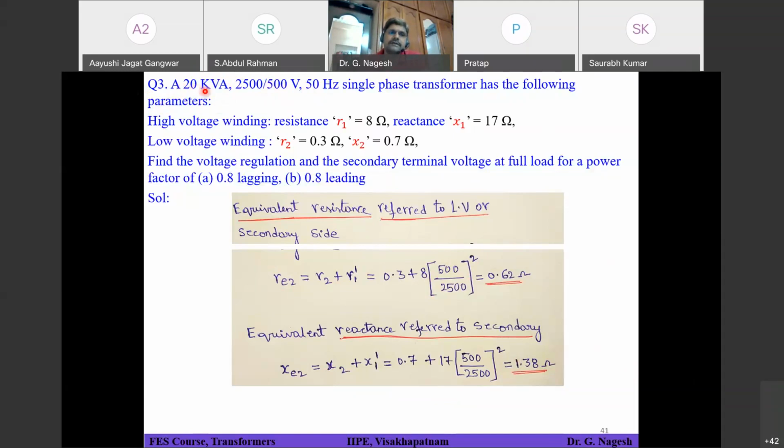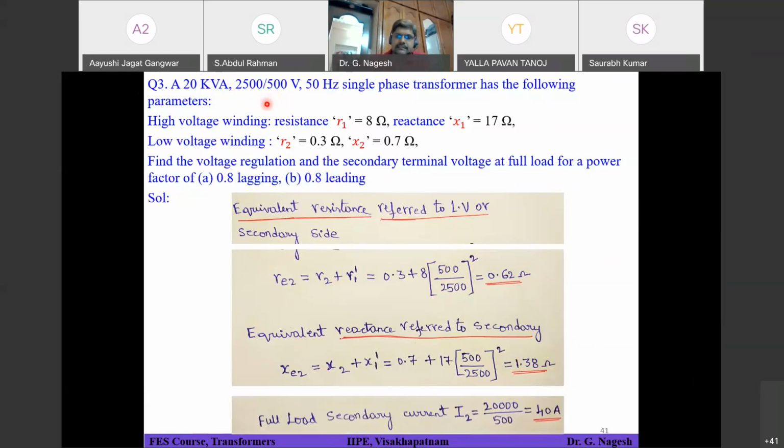So 20K divided by 500 will give you your secondary current I2. What will be that value? 20K divided by 500. 40 amperes. So 40 amperes is your secondary current.